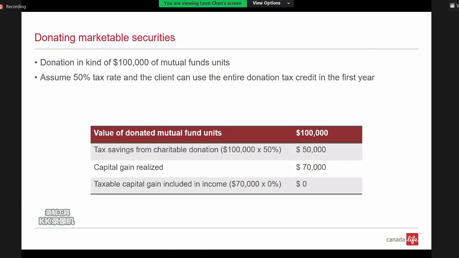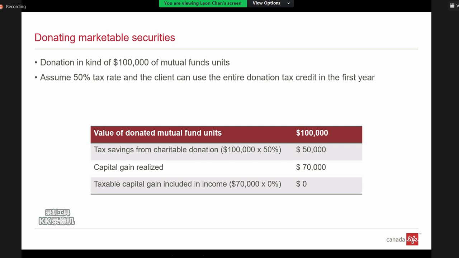So just kind of showing marketable securities here. And I find it's important for us to detail this as well. Let's say the adjusted cost base was around $30,000, right? So donating marketable securities is very valuable. Let's say they donated $100,000 of it. Their tax savings from that charitable donation, at approximately a 50% tax rate, you're looking at around $50,000.